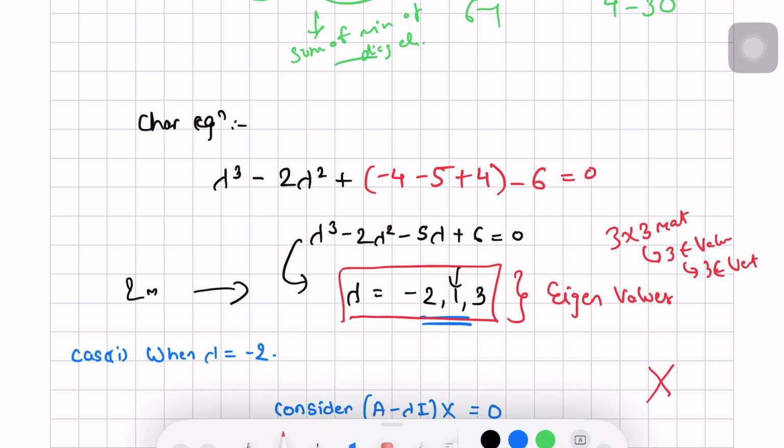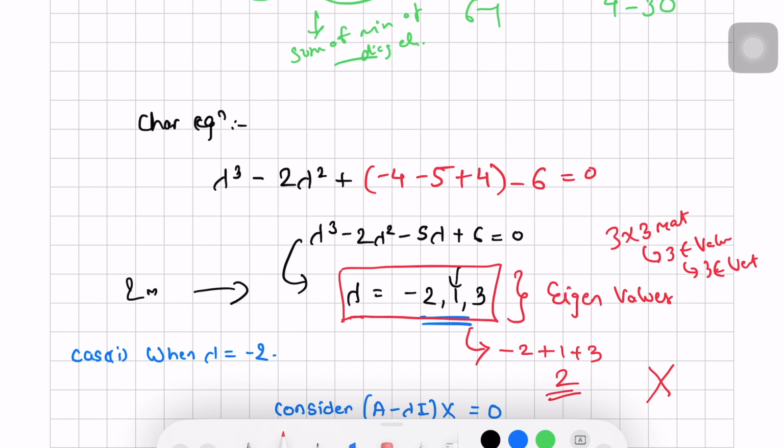So how to check whether these eigenvalues are correct or not? The best way is to find the sum of these eigenvalues. It comes out to minus 2 plus 1 plus 3, which is 2, and this would be the same as the trace of the matrix.